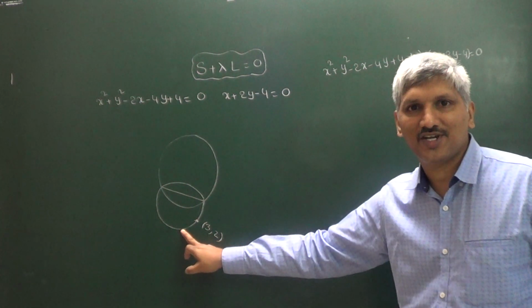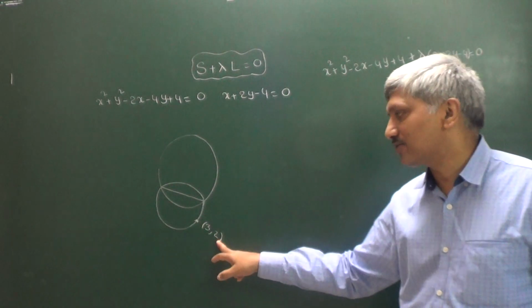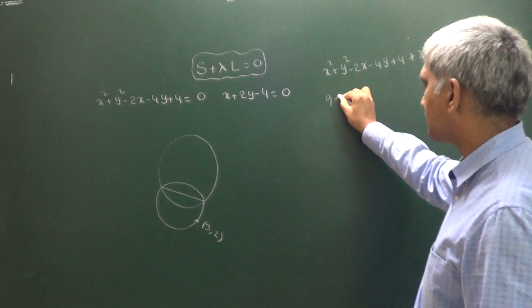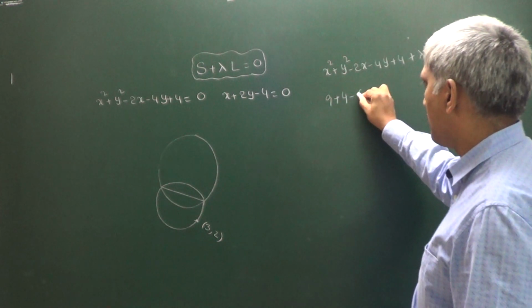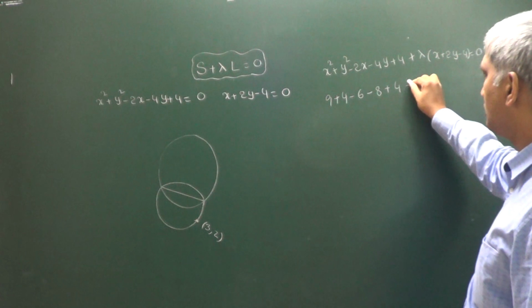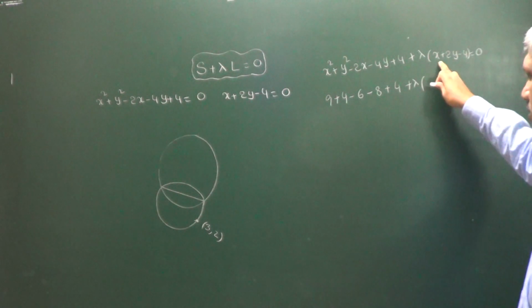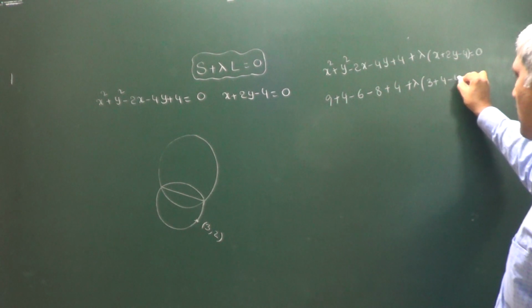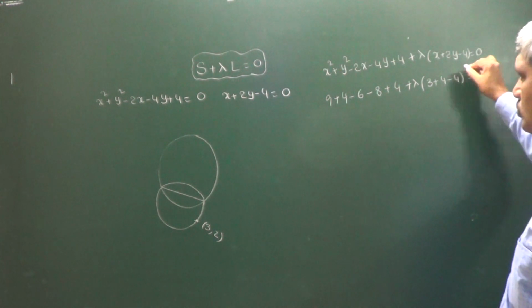This circle is passing through the point 3, 2. Substitute there: 9 plus 4 minus 6 minus 8 plus 4 plus lambda into, in place of x, 3 plus 4 minus 4 equal to 0.